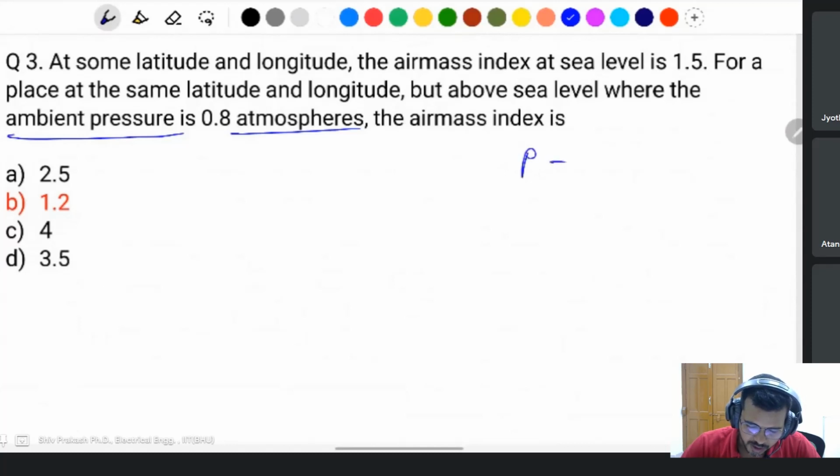You can say P is equal to 0.8 P naught, atmospheric. So P by P naught will be 0.8.